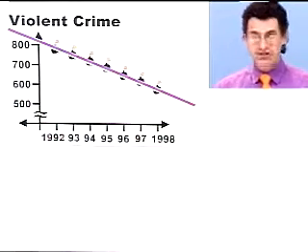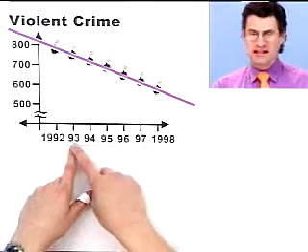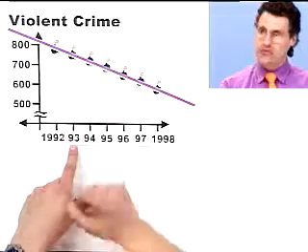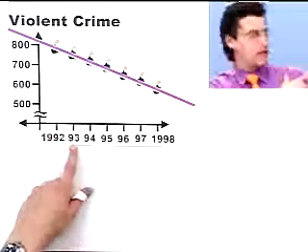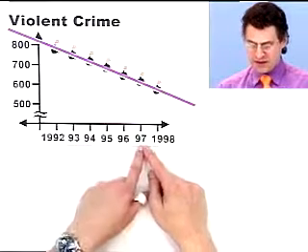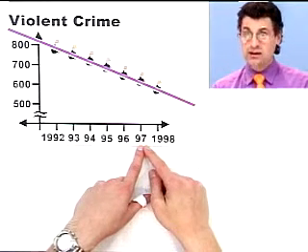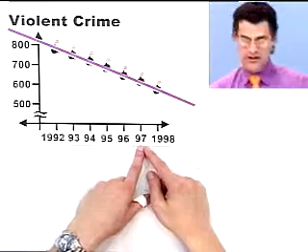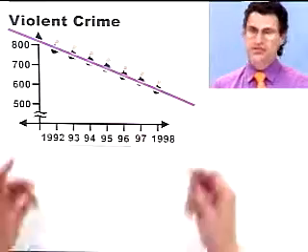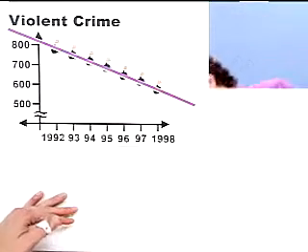So I'll use those two data points. 1993, which I'll numerically use as 93. So 93, comma, and what does it say there? 747. And then I'll use 97, comma, and what's the value there? If you look at the chart, you see 611. Okay, fine. So using those two points, let's find the line connecting them.